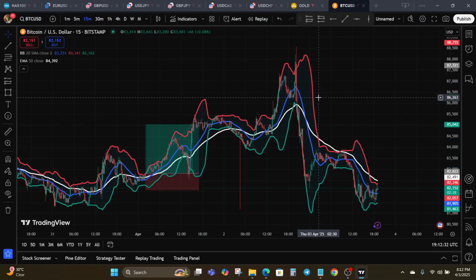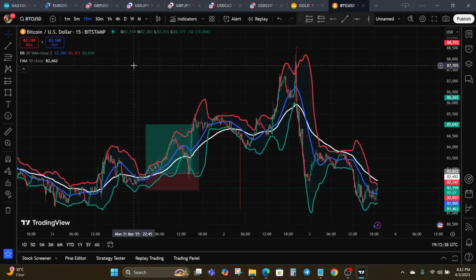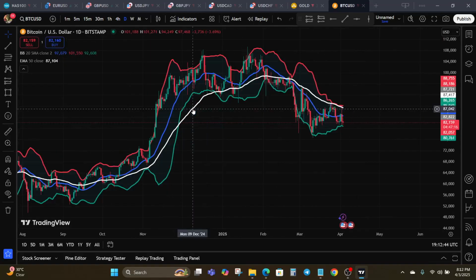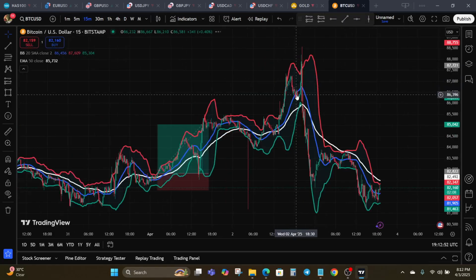Now, to get the best out of this strategy, follow these key tips. First of all, I will advise to use higher time frames for stronger signals. You can start your analysis from the 1 hour, 4 hour or daily time frame. Once you have done your analysis on the higher time frame, if you are a scalper or an intraday trader, then you can go back to the lower time frame and look for precise opportunities in line with the overall trend that you found on the higher time frame.